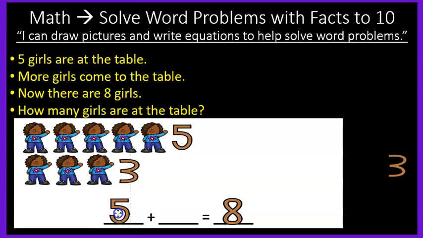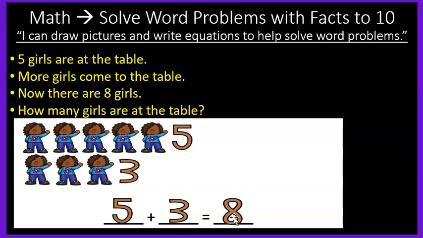So you're just going to put 5 in front there. The next number is going to be 3 because 3 is here. So all you're going to do is write 3 in there, and boys and girls, your addition equation is complete. 5 plus 3 equals 8.